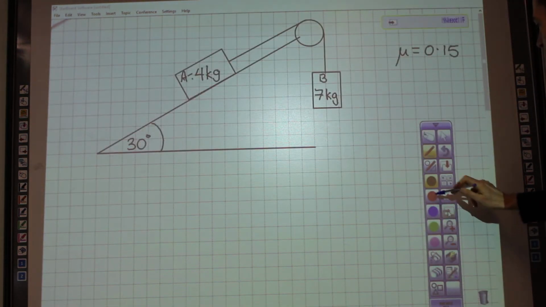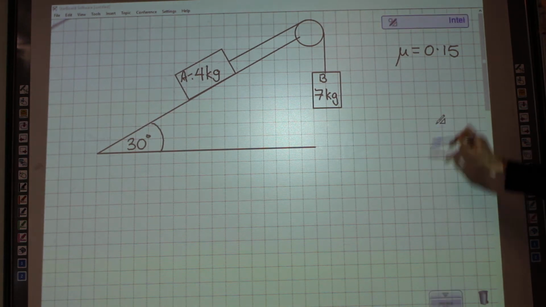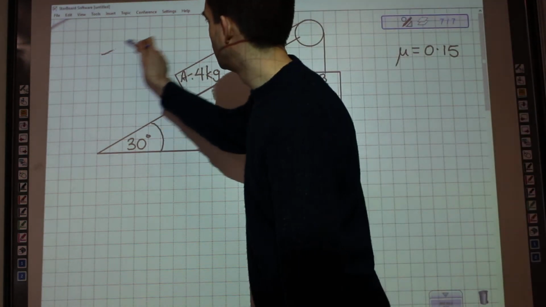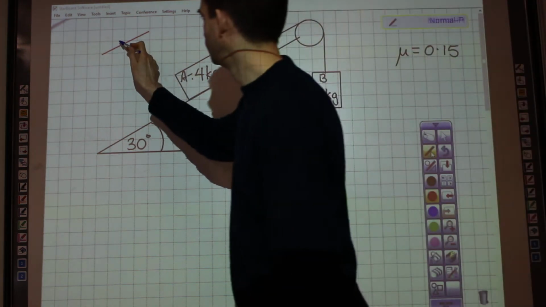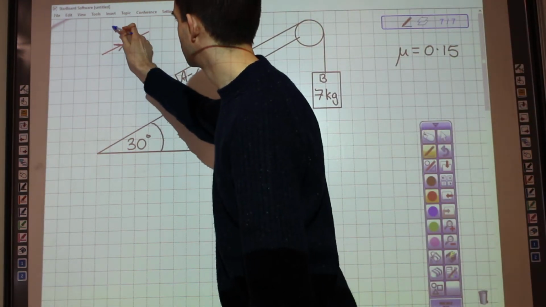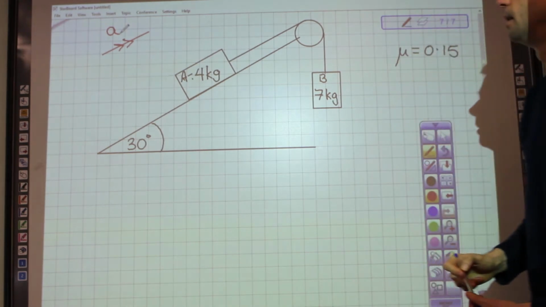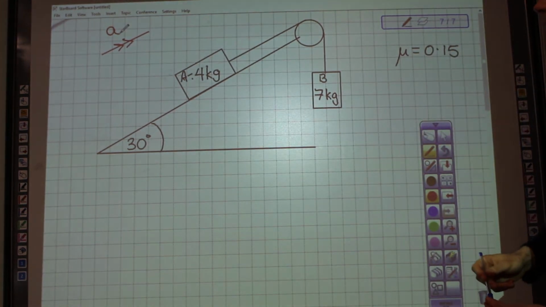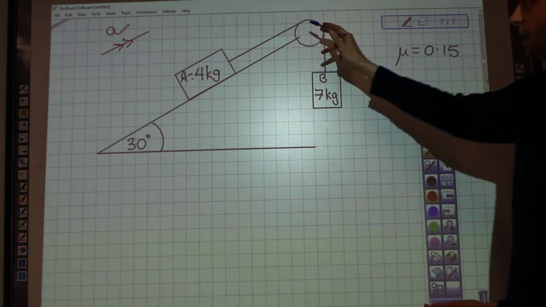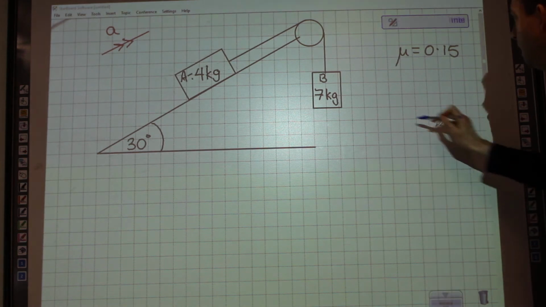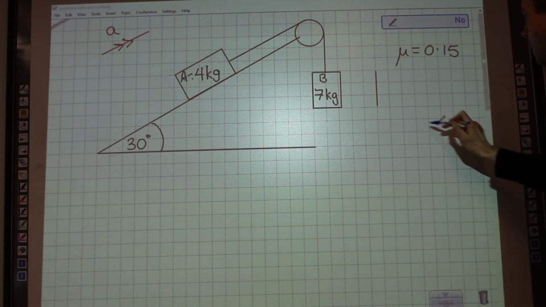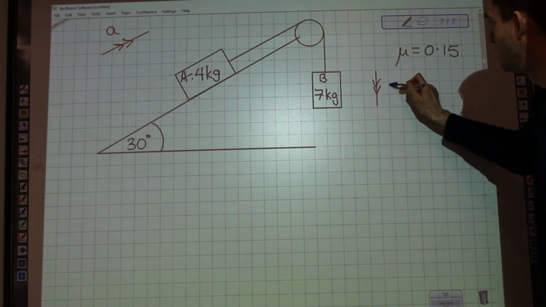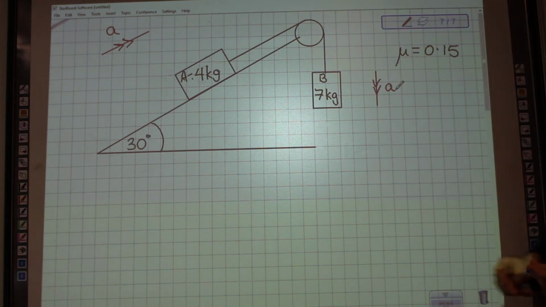To acknowledge that, I'm going to draw an arrow like that with 2 dashes on it, and label that a. If particle A is moving up the plane, then clearly particle B must be moving down, so I will label that same acceleration as well.